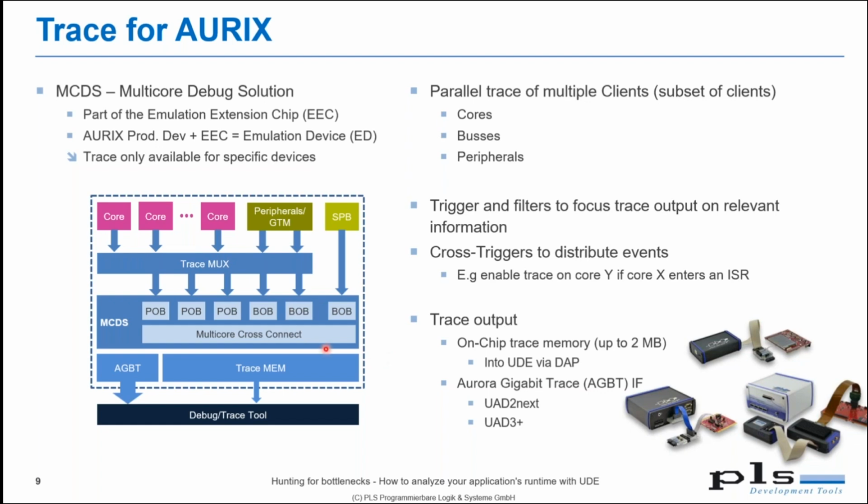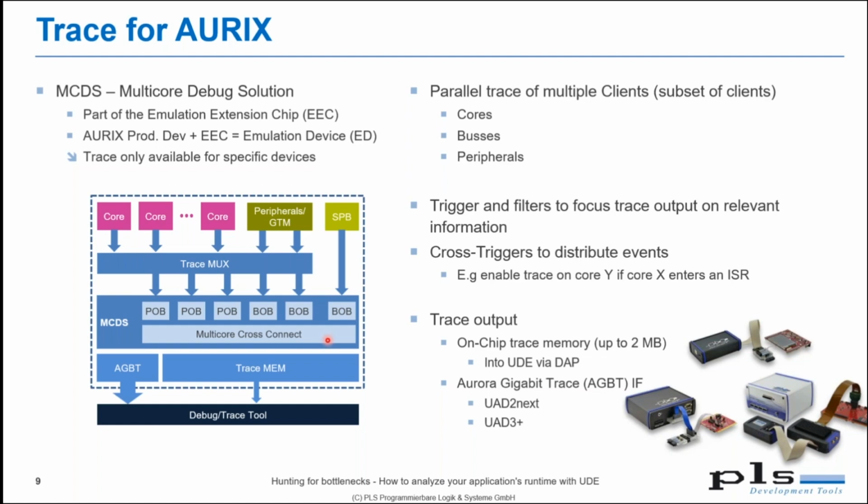Each of these observation blocks provides trigger and filter capabilities that help you to reduce the amount of generated trace data. We have then also a cross-triggering unit that allows you to distribute events between the observers, and together with these triggers and filters you can realize very specific trace tasks.